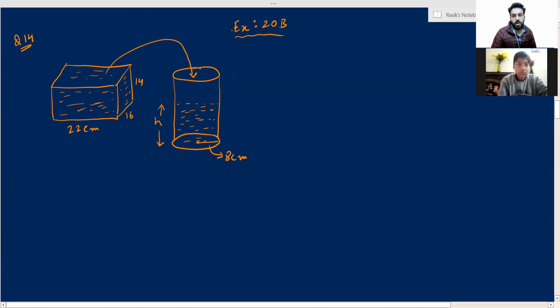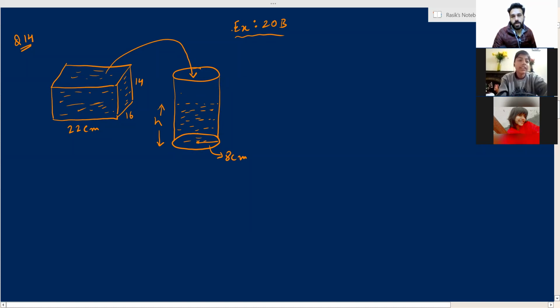Okay. So how will you? Yes, sir. Very good. So first, we will find the volume of the rectangular vessel, correct? Actually, the water which is to be poured into the cylindrical vessel, the volume of water will remain the same. Am I right? The volume of water will not change.